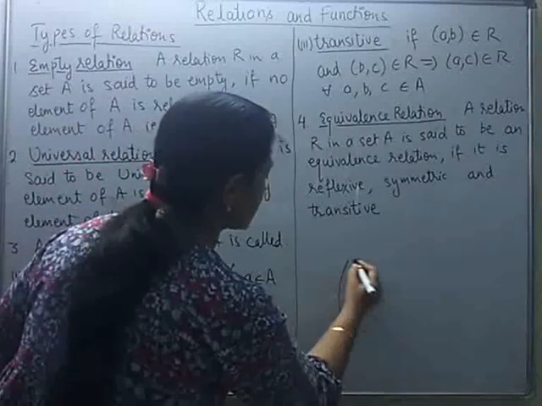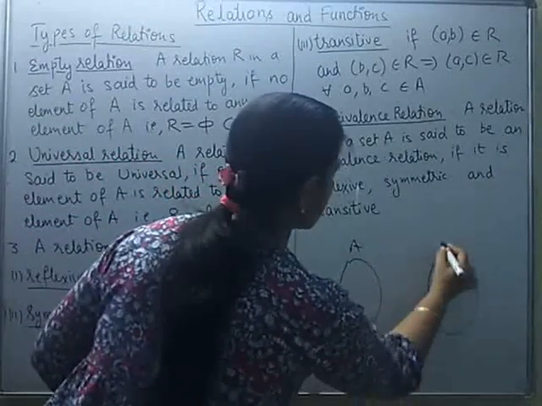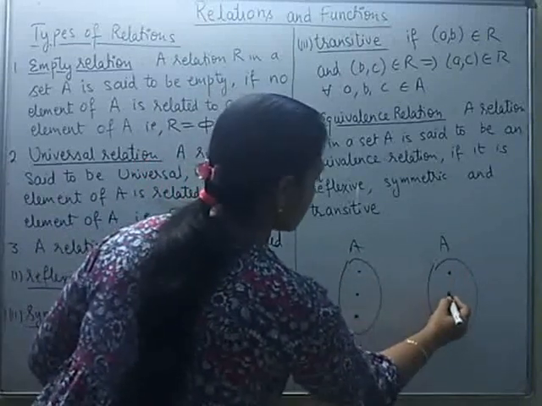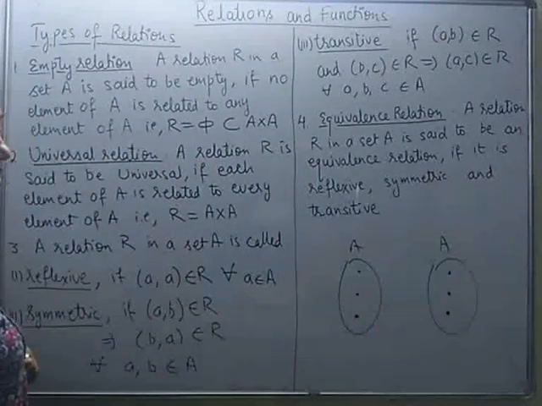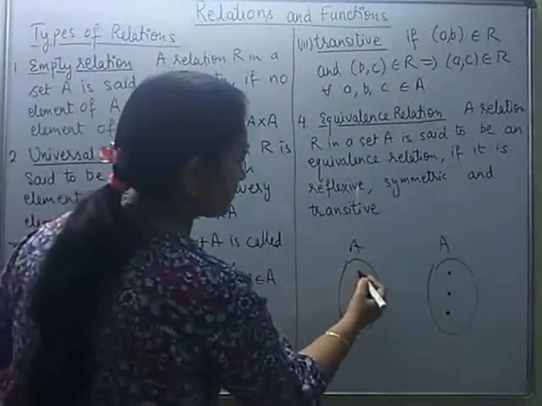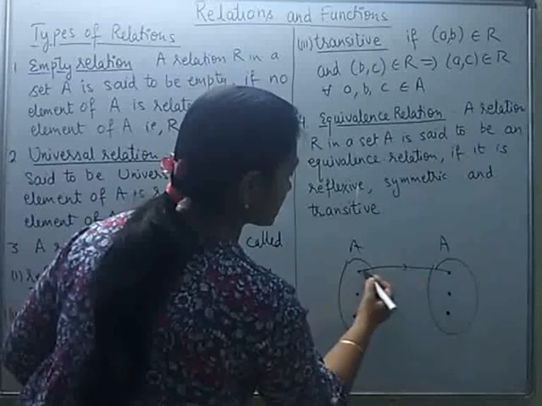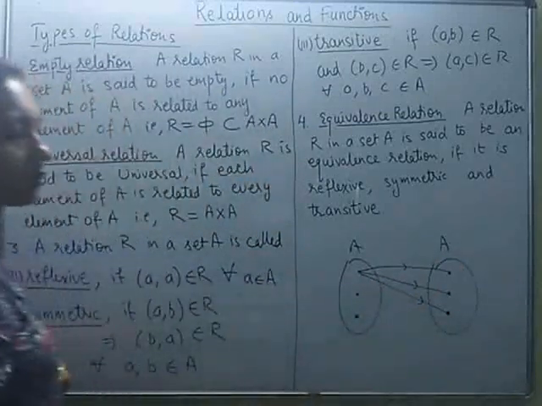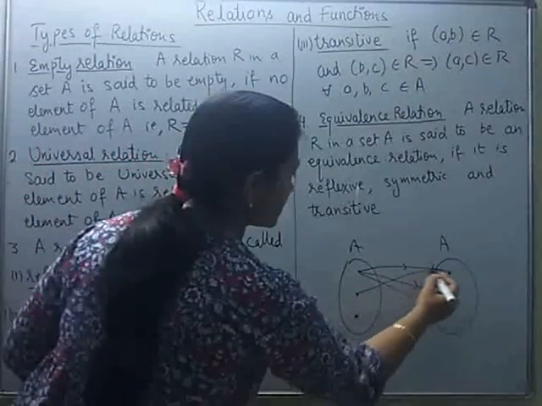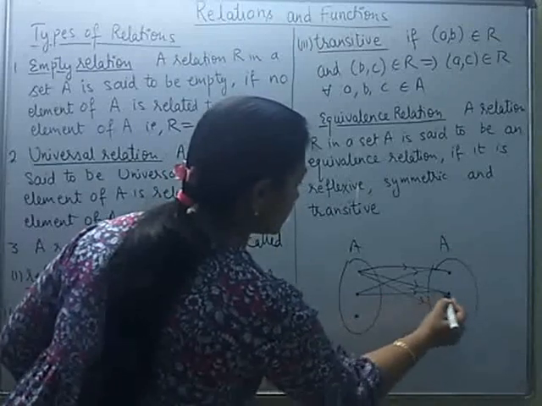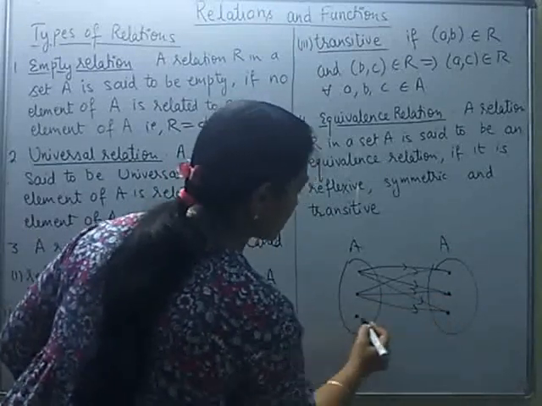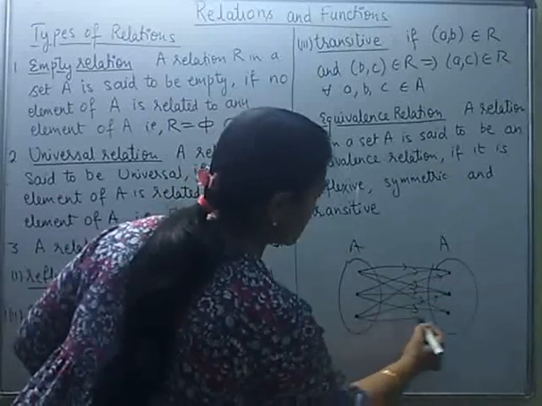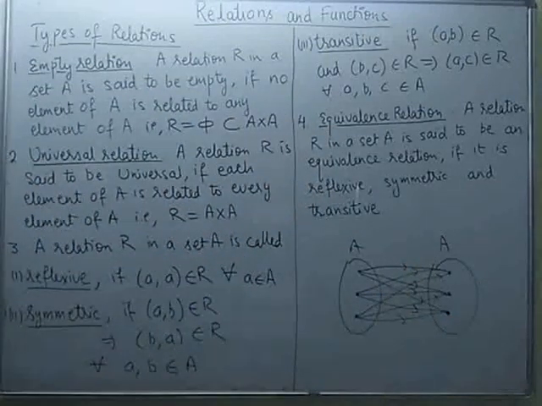You can see if this is our set A and this is also set A, and say there are three elements in it, and as per the definition, or simply if we do Cartesian product of A with itself, then obviously every element of A is going to pair with each element of A. So this pairs with all the three elements of A. Then this second element pairs with all the elements of A. In the same way, this third element pairs with all the elements of A. Any other possible pair over here?